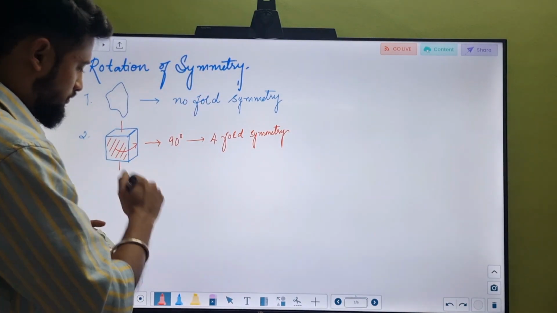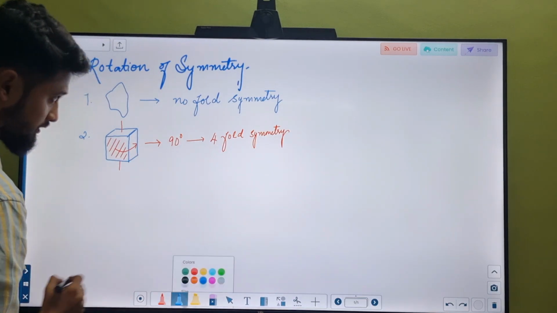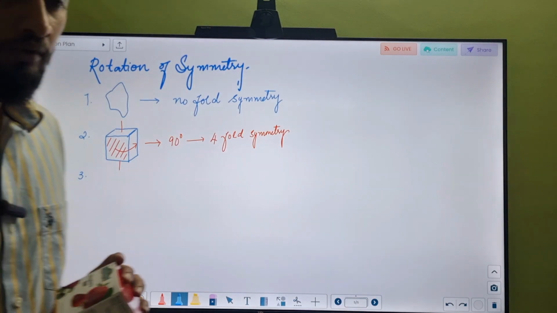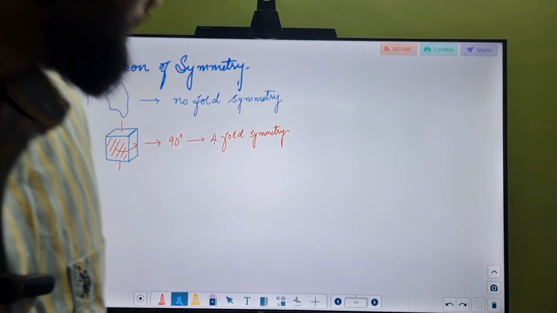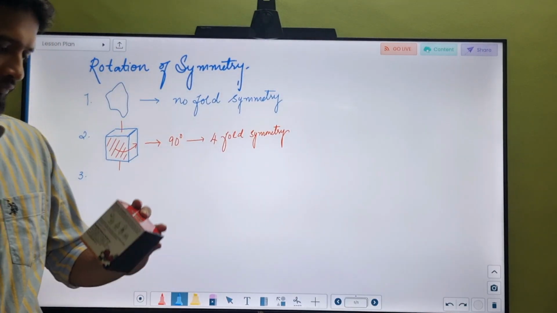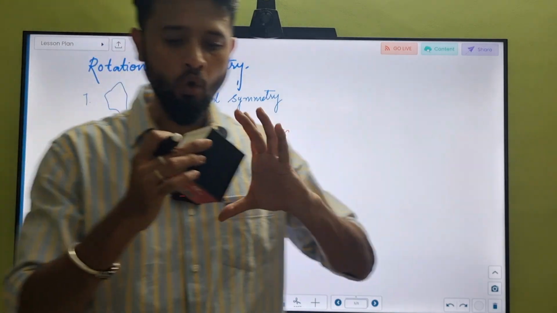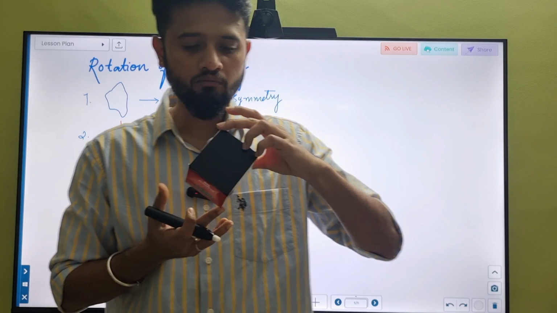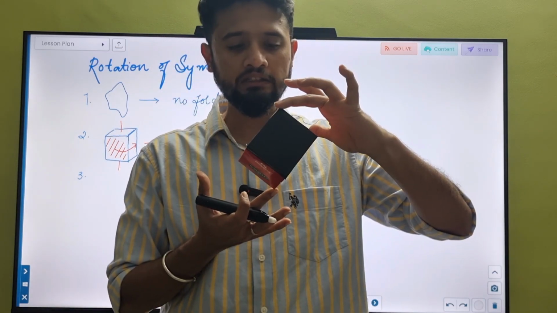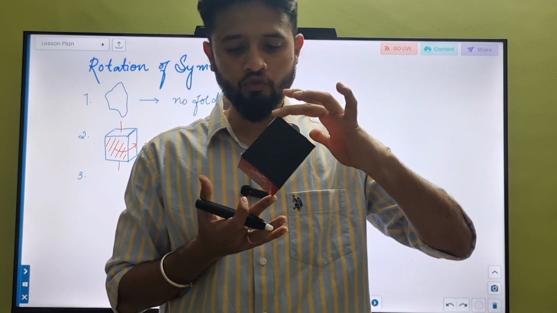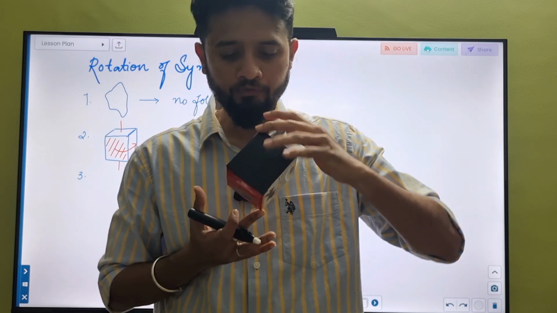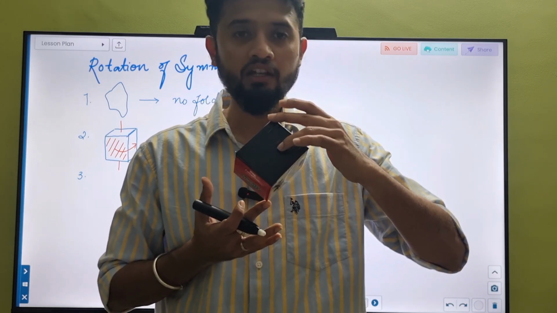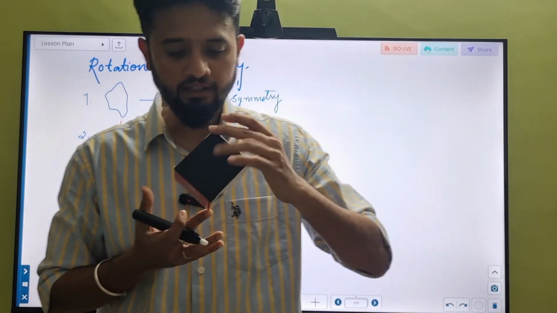Clear? Now the third one. For the third one I'll hold this box along the solid angles. So here if I rotate, this is the face, I have to rotate in such a manner that it has to come back to its same position in the same direction.